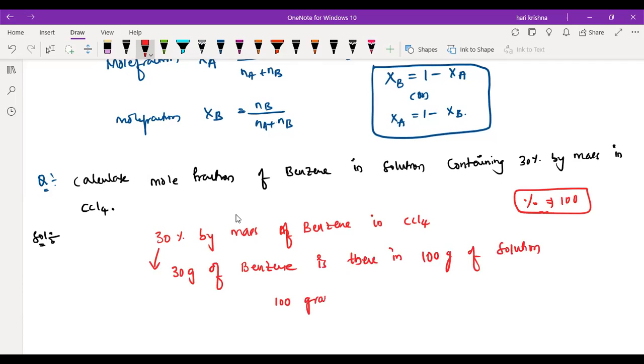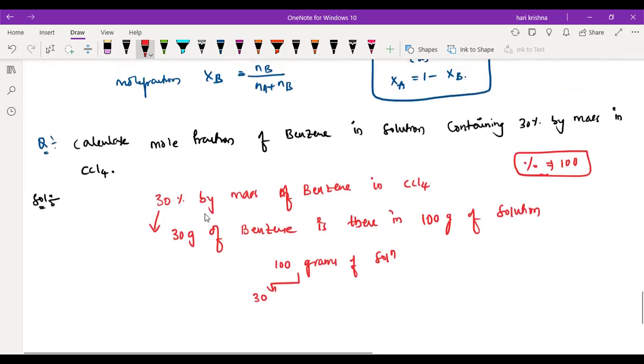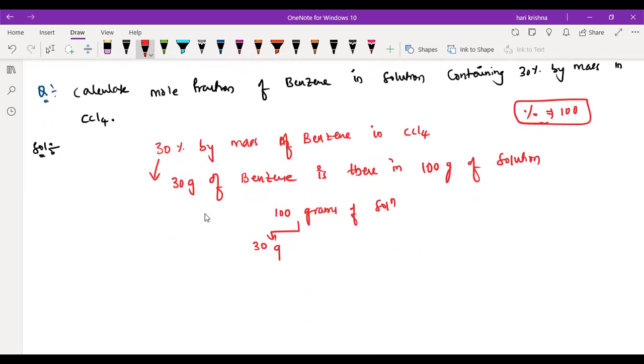Now, if you have 100 grams of solution, in that 30 grams is the solute. Then what is the solvent mass? If 30 grams is the solute, what is the solvent mass? 70, right?